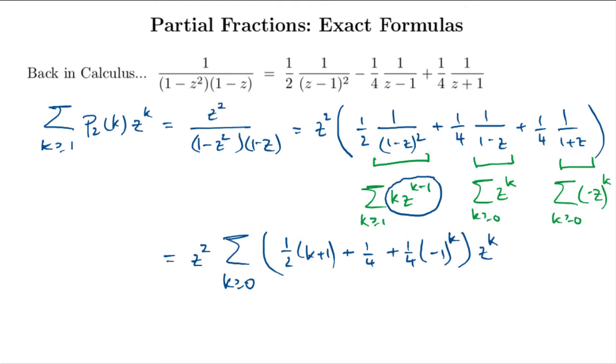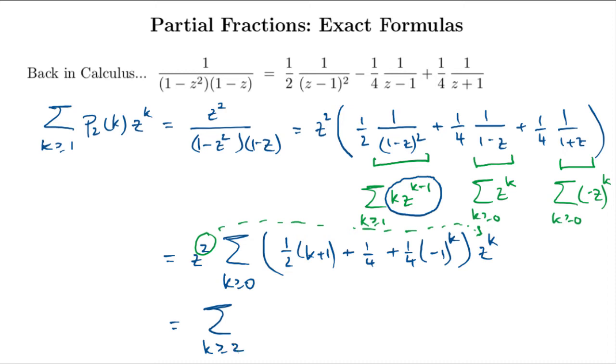And so let's not forget we have a z squared outside. So I can move this over here and increase my z to the k to a z to the k plus 2. But at the end of the day, I want to have a z to the k, so what I'll do is another reindexing.